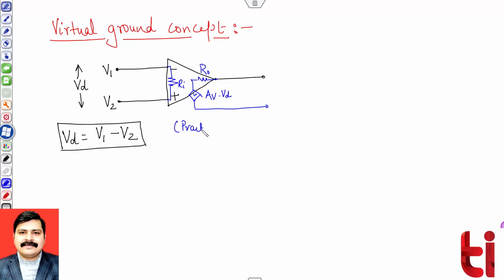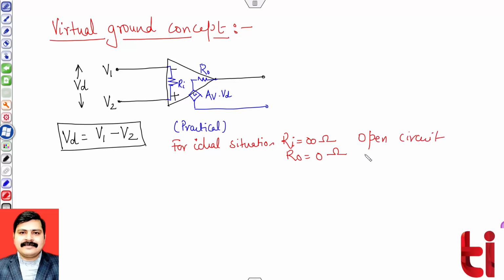However, in the ideal situation, Ri becomes infinite ohm and R naught becomes 0. Ri is an open circuit and R naught needs to be a short circuit.